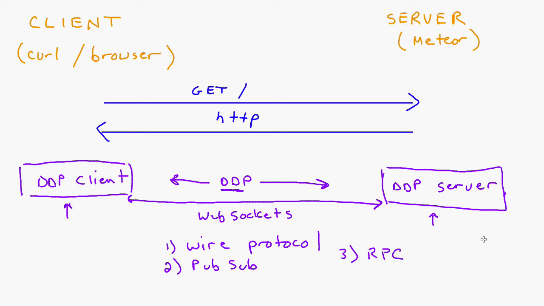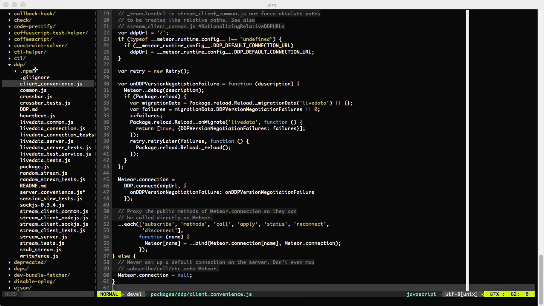So let me take you around the actual package so you can see where these files live in the Meteor core. I've opened up the source code for the DDP package. It's located in the packages directory of the Meteor source. And you can see it's a pretty big package because it implements a lot of the functionality that we get in the Meteor framework.